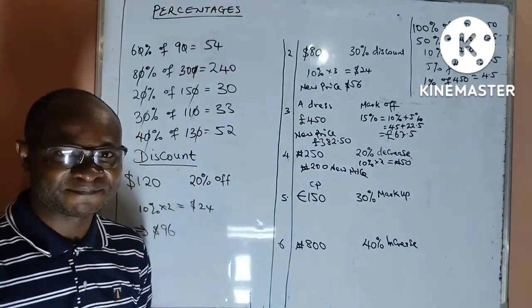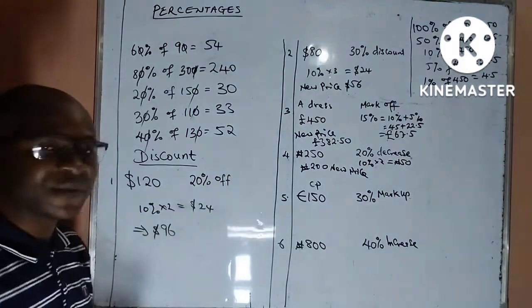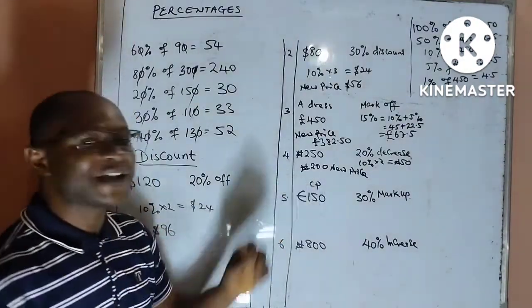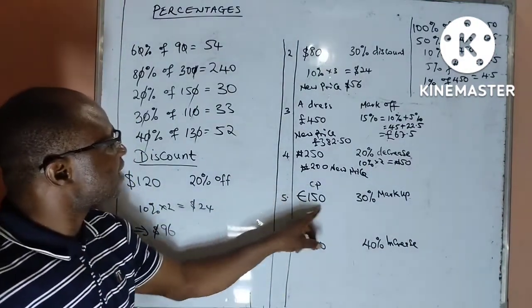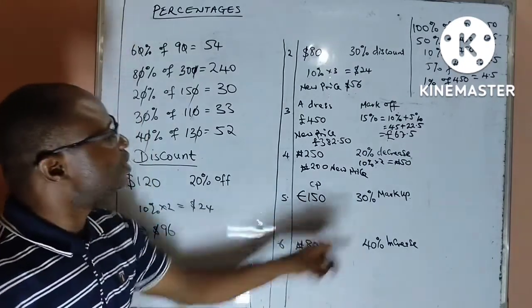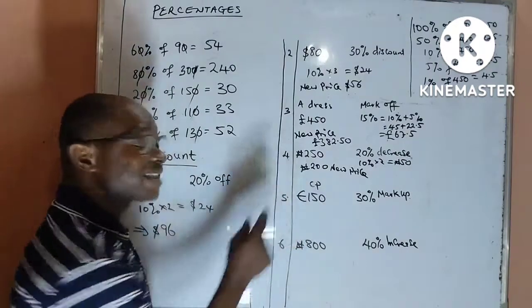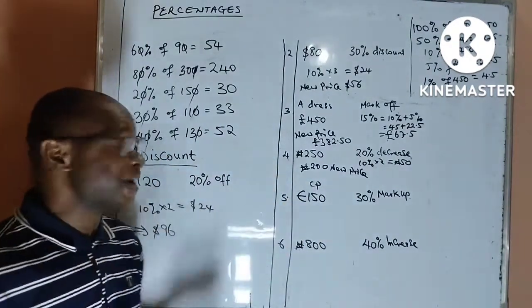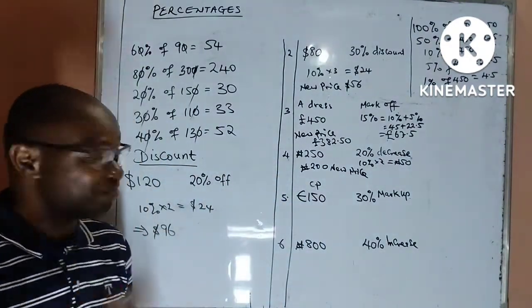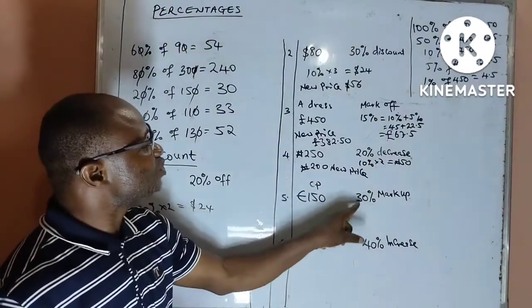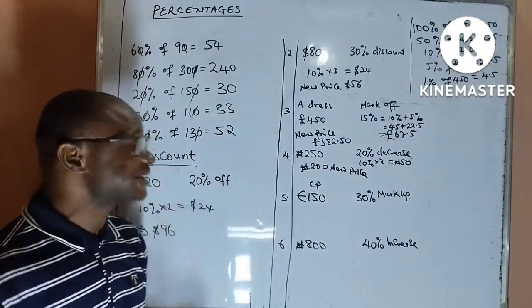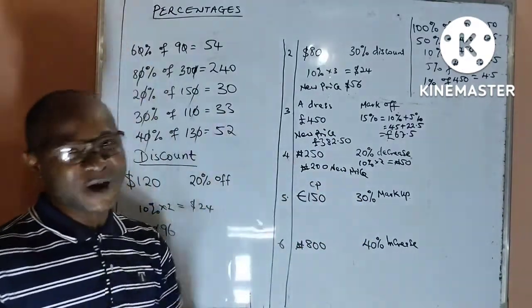Very beautiful. Let's come to question number 5. I have a cost price of an item, 150 euro, but there is a markup of 30%. If you pick this item with this 150 euro, you might be embarrassed because you are supposed to calculate 30% and add it to 150.